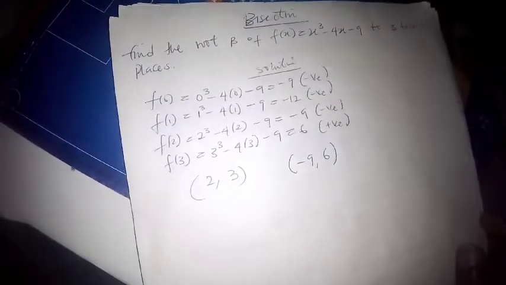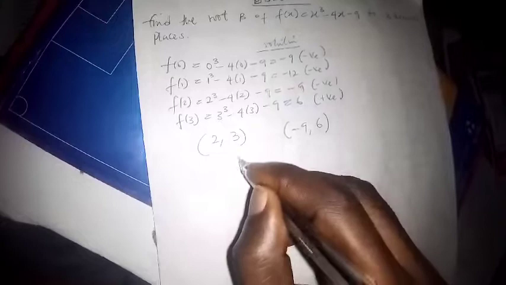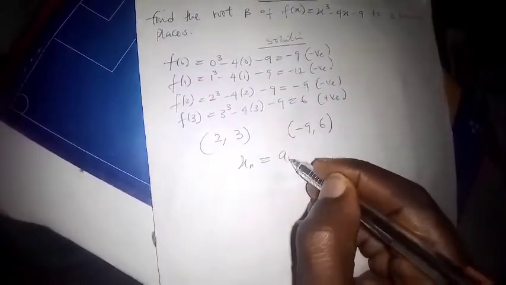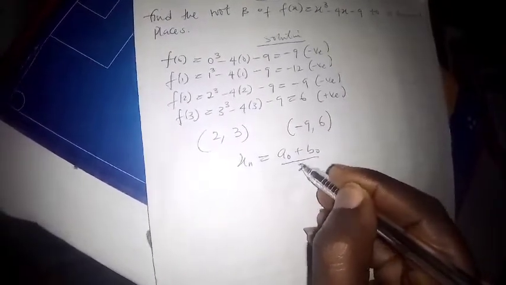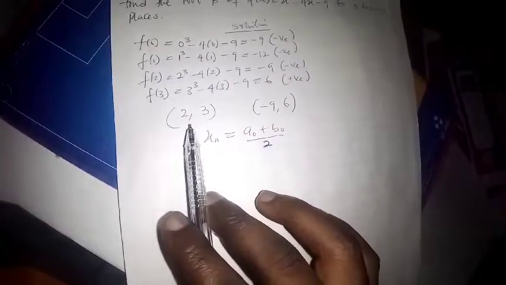So now, let's apply the bisection method. Use the formula (a0 + b0) over 2, where a0 and b0 represent the two intervals.